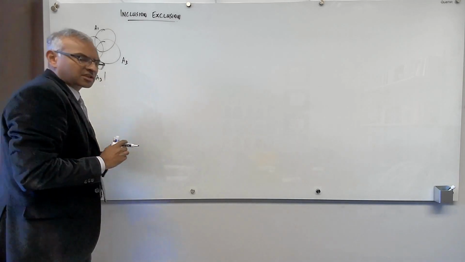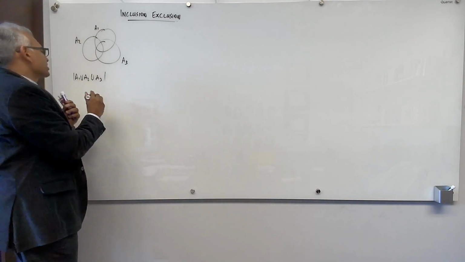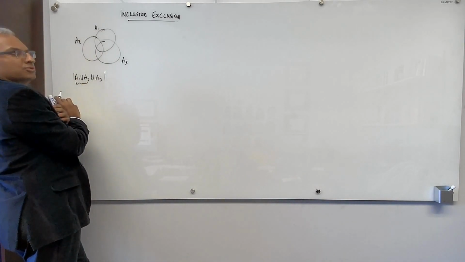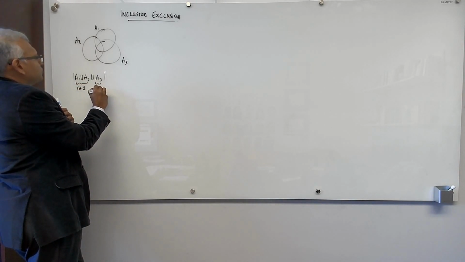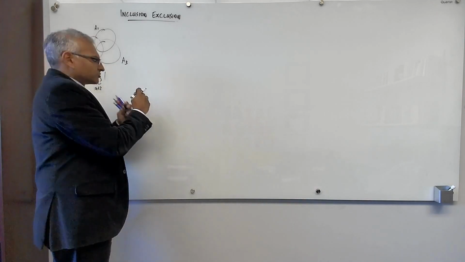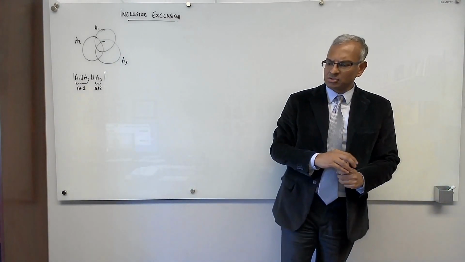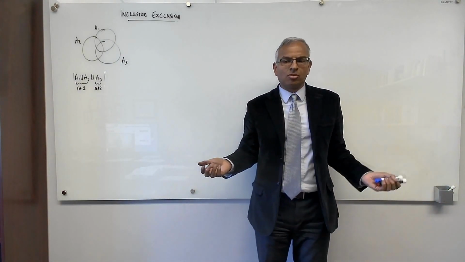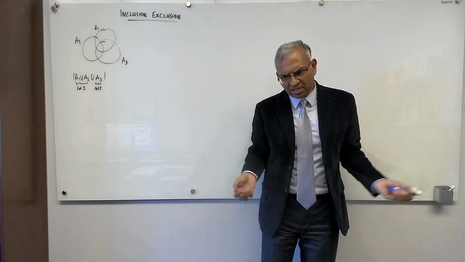Now, you could treat this as two sets, where one set is A1 union A2, set 1, and the second set is A3, set 2. Then you can use the union of two sets to write this out, continue the expansion and the derivation, and ultimately you'll get a formula for the union of three sets. I'm going to leave that as an exercise for you, and you can read the textbook.